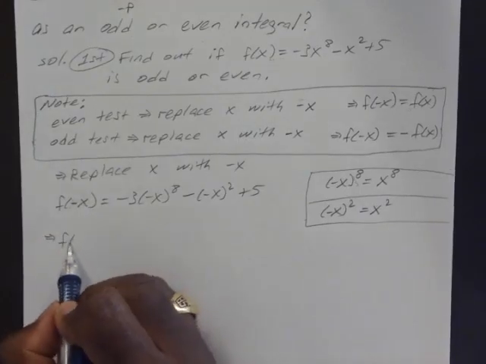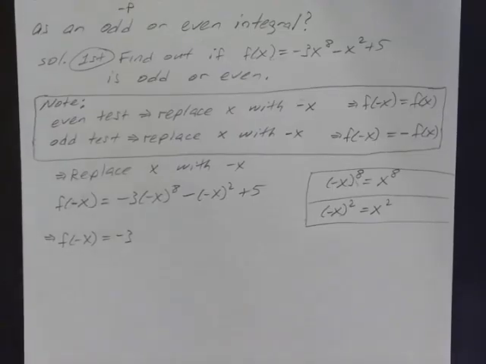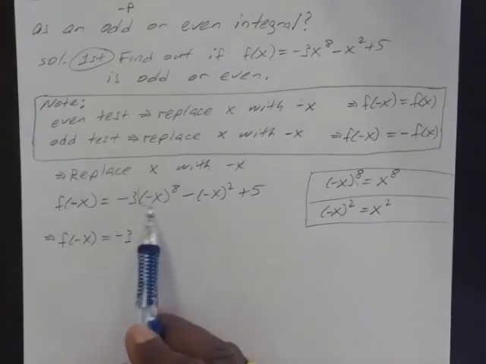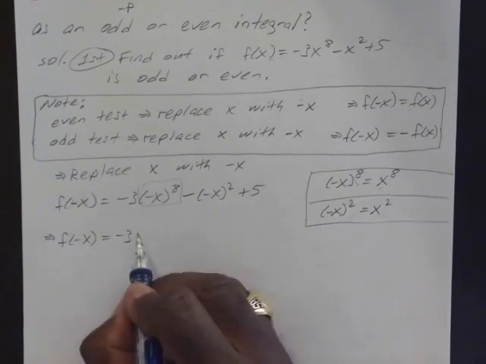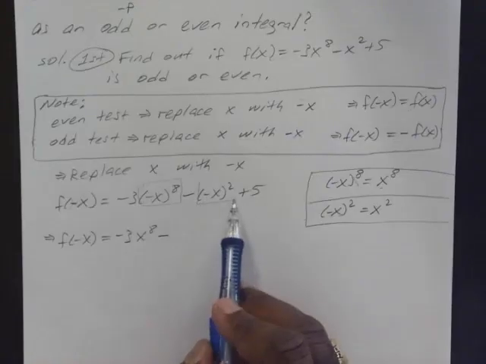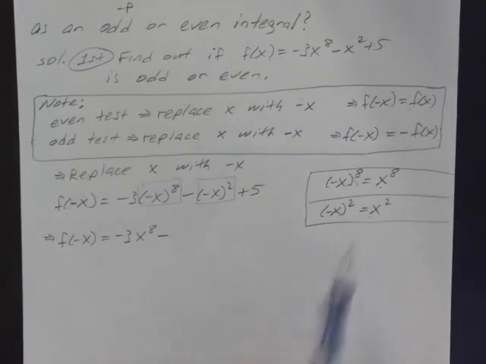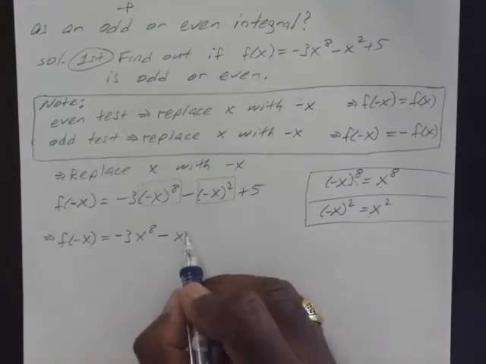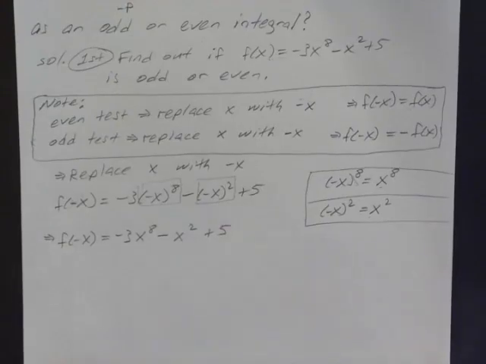So that means f of negative x is equal to negative 3, and this negative x to the 8th power just becomes x to the 8th power, minus, and this negative x quantity squared just becomes x squared, and that plus 5 just stays as plus 5.